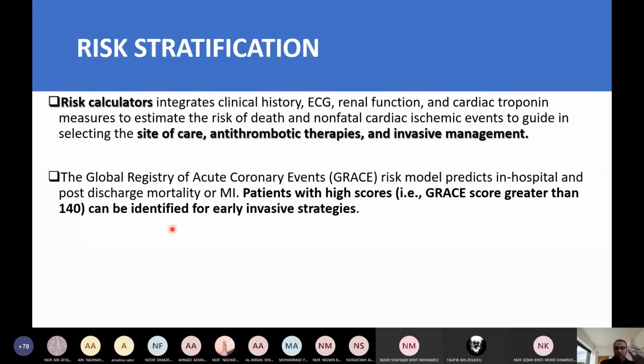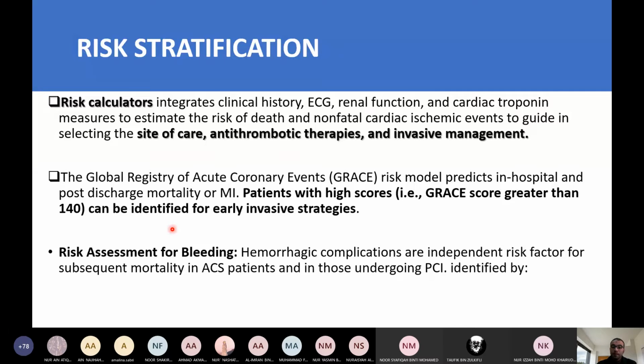Means the patient has to be a candidate for early invasive strategy, as we'll explain. Risk stratification here is for the ischemic events, or the risk of mortality from the ischemic events.